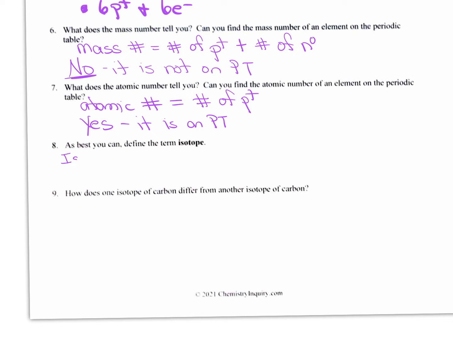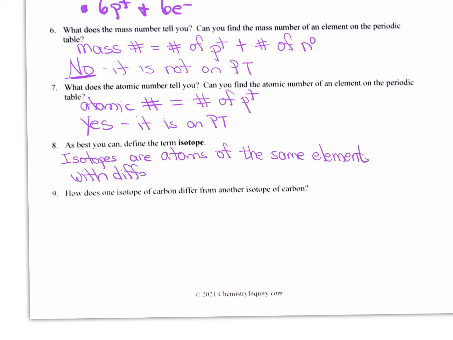So isotopes are atoms of the same element with different numbers of neutrons.